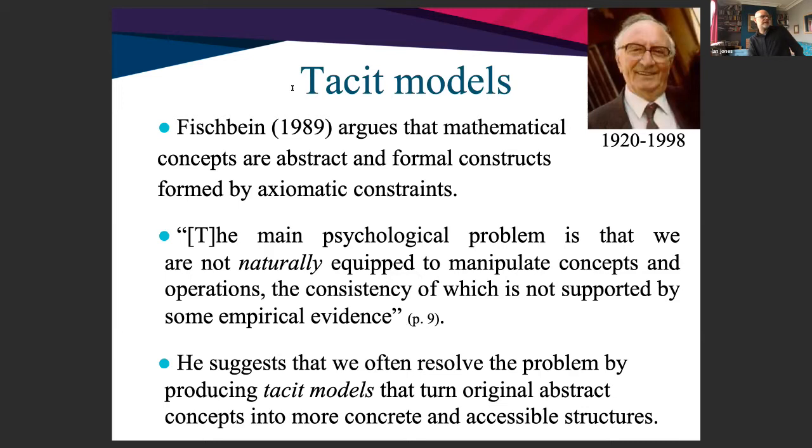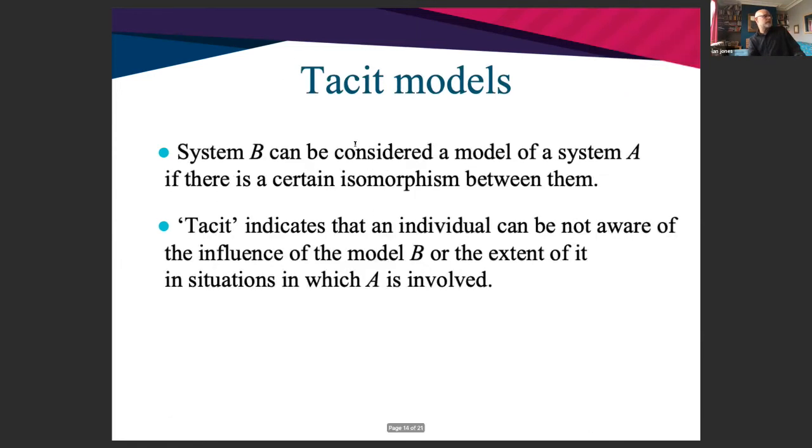We're not naturally equipped, perhaps, to deal with this mathematics. It involves a lot of hard thinking and overcoming intuitions. And he suggests that what we do as individuals is we have these tacit models, these substitute models based on our real world experiences, and we turn to them to help us try and understand these more abstract mathematical ideas.